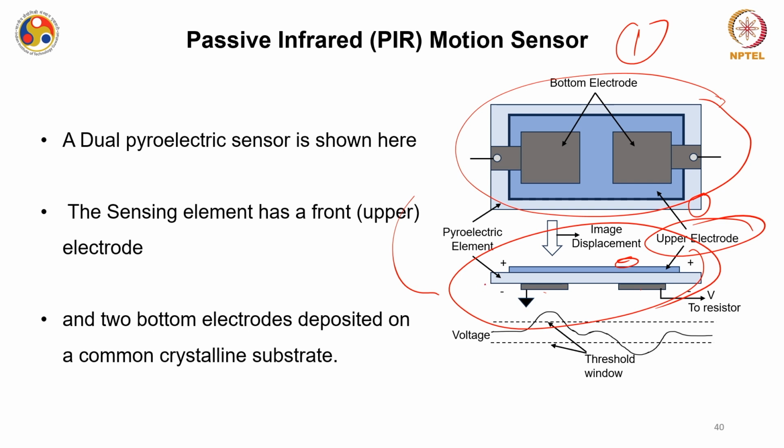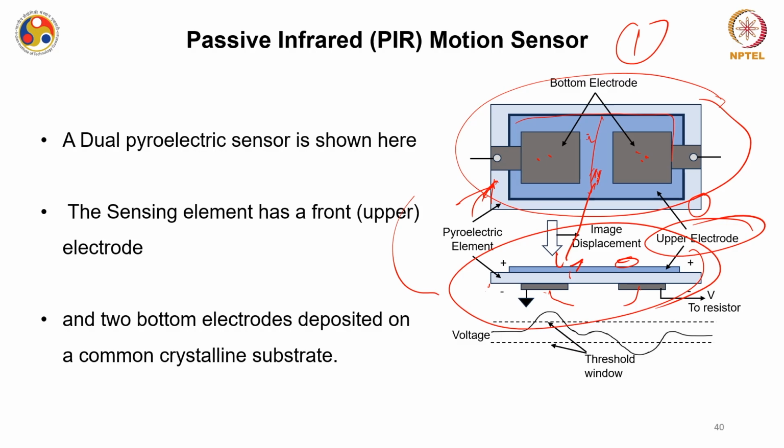So you see, you have this pyroelectric element. In this structure, the light blue area is the pyroelectric element, and the dark blue is the top electrode. The two black patches are the bottom electrodes.